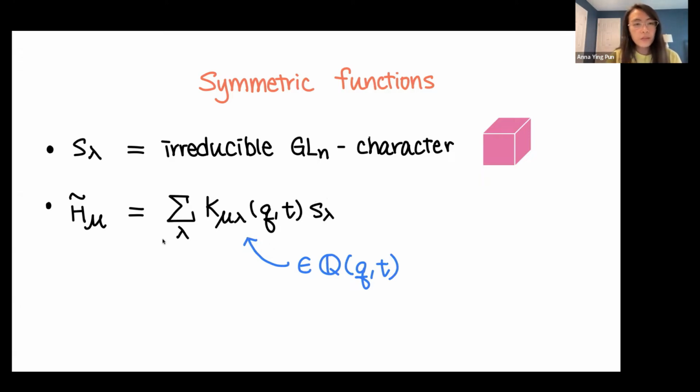But when you try to compute them, which is actually very hard, and you compute them using your computer, you realize that all these coefficients are actually not that ugly. They are not fractions, they are just polynomials. And furthermore, the polynomials have no negative terms: all the coefficients of these polynomials in Q and T are non-negative integers.